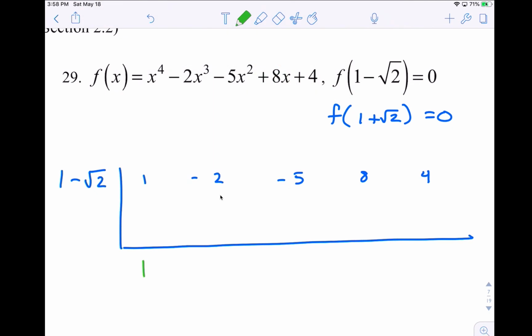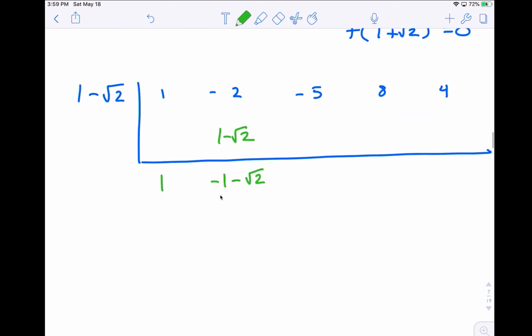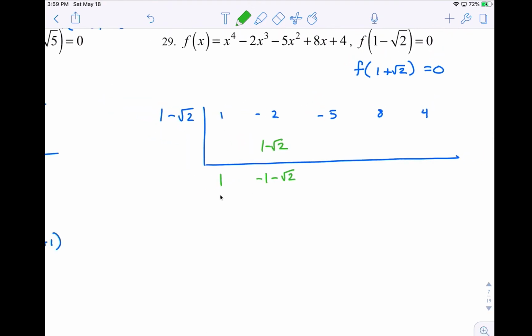Alright, I'm going to bring down the 1, and then that's 1 minus root 2. So negative 2 plus 1 minus root 2 is negative 1 minus root 2. Okay. So for this, I'm going to have to kind of do it off to the side.